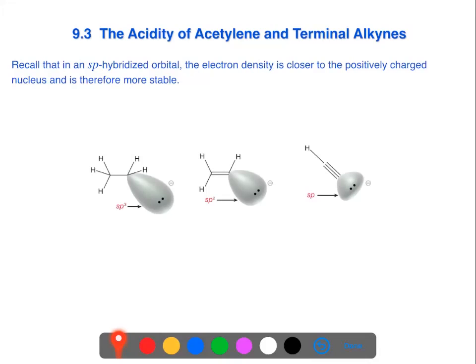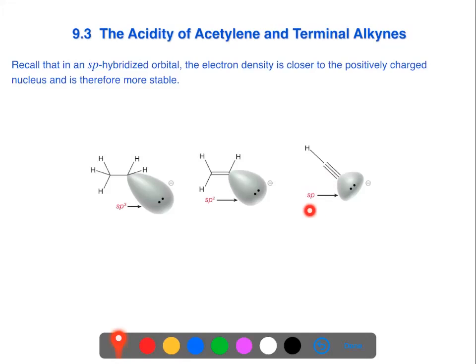Now you may recall when we looked at the aryl system that the orbital effect on the stability of a conjugate base can be significant when comparing the carbanions of various hydrocarbons. And so we look to the orbital in terms of the amount of s character present in that particular hybrid orbital.